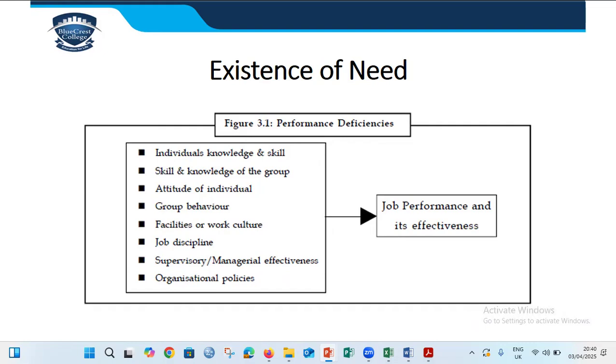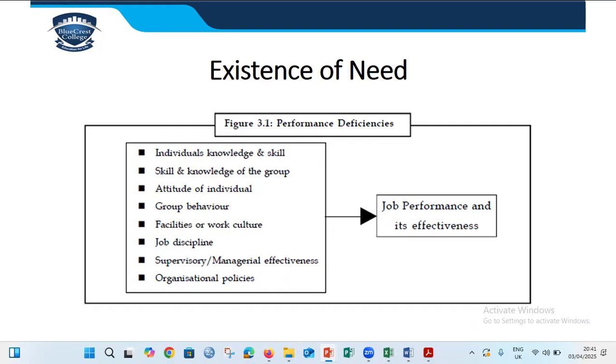The facilities or the work culture is such that there's a change, or if a particular job discipline experiences a shift, or new equipment is introduced, or if you notice that the management is not as effective as it has to be, or there are changes in organizational policies.